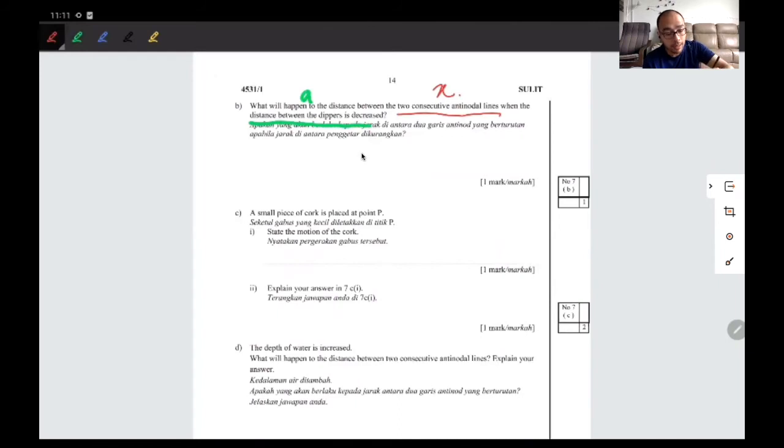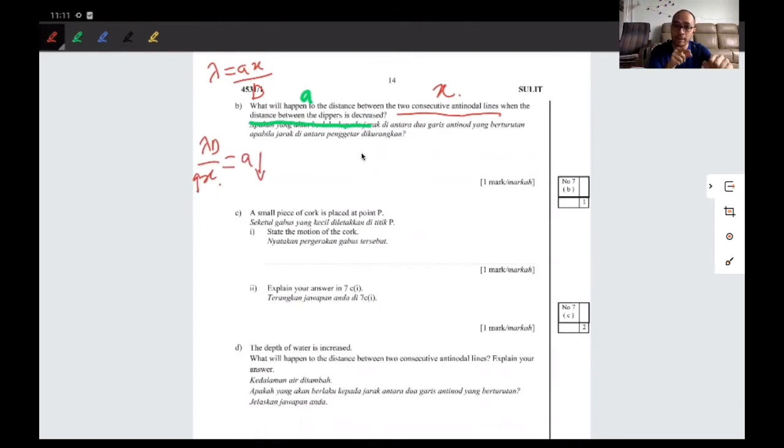The formula is lambda equals AX over D. If you look at this formula, it is hard to see. So I'm going to move the X and the D across. So lambda D over X equals A. We find that when A decreases, X will increase, because they are inversely proportional.